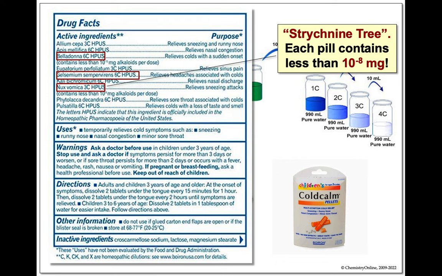Nux vomica. That's a deep sounding name, right? That's strychnine tree. With this particular label, it was 10 to the minus 8 milligrams. Way, way less than the toxic dose.